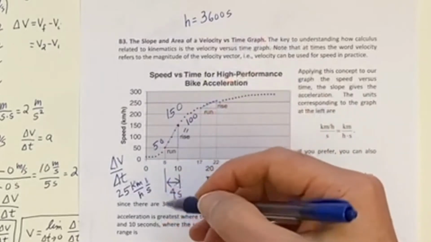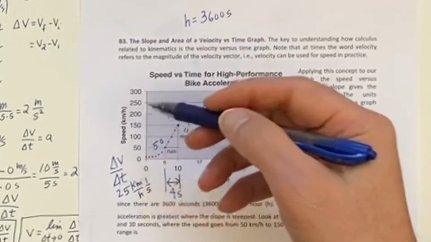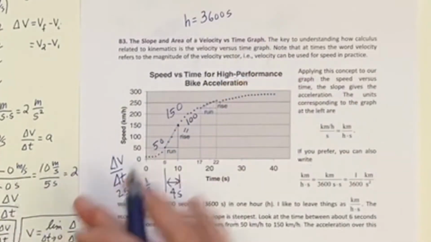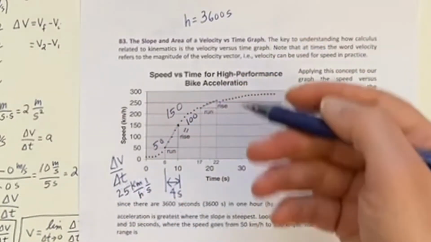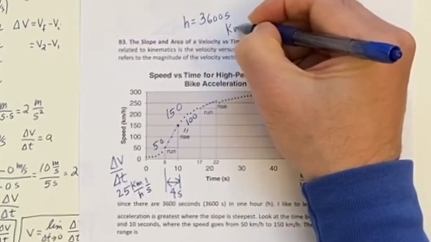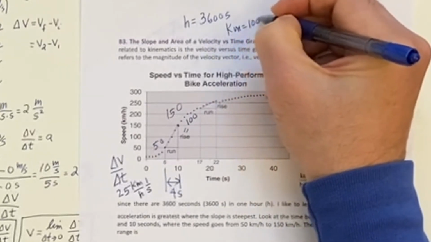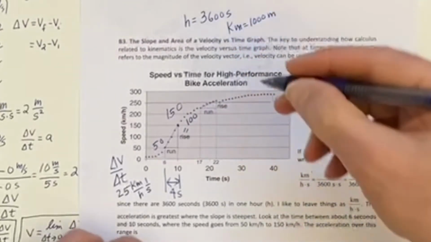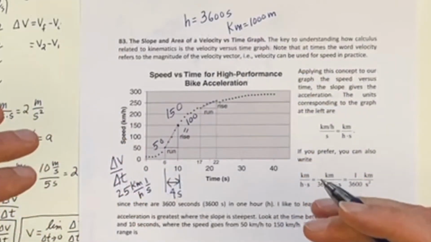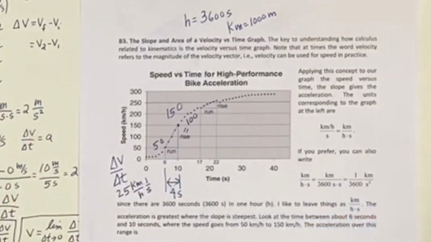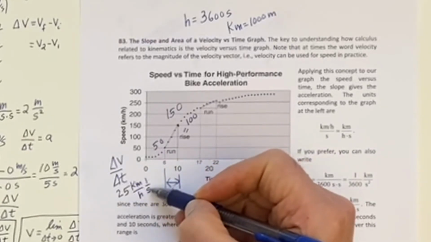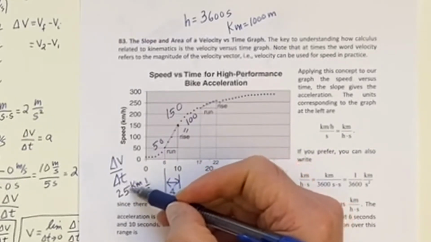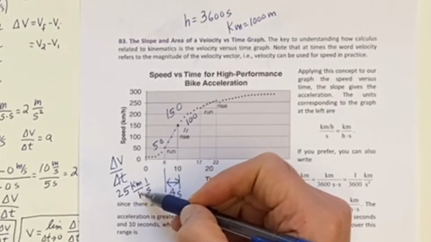And that will be a small number because you're dividing by 3600, but the same value. And if you want to replace kilometers with meters, in other words, a kilometer is 1,000 meters, you can then convert to meters per second doing that. And we'll just leave it like this, kilometers per hour per second. That means every second you're gaining 25 kilometers per hour.